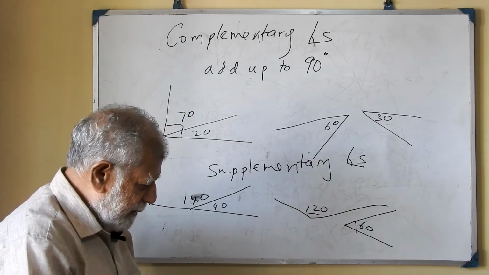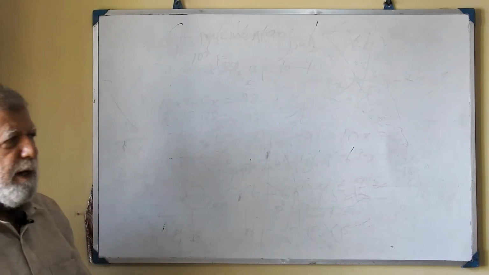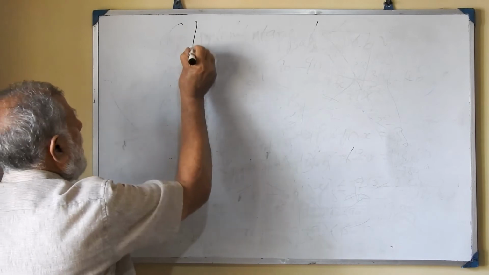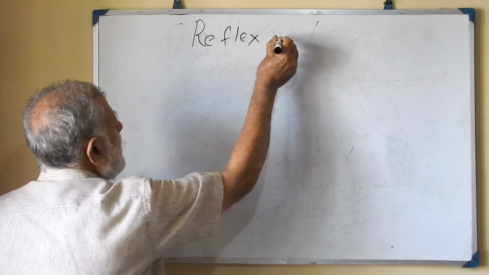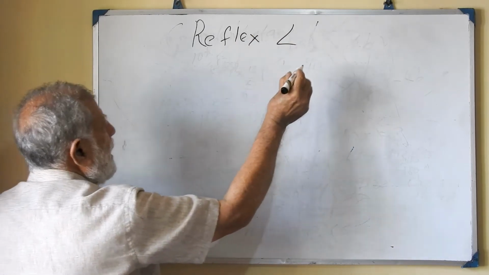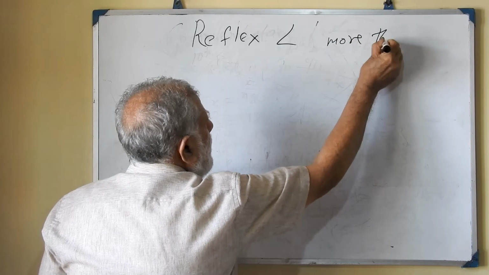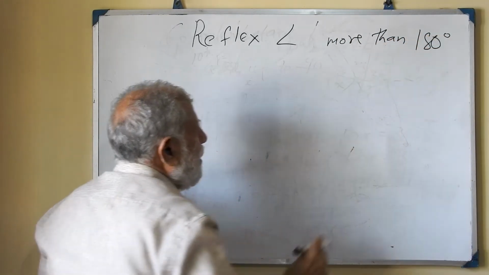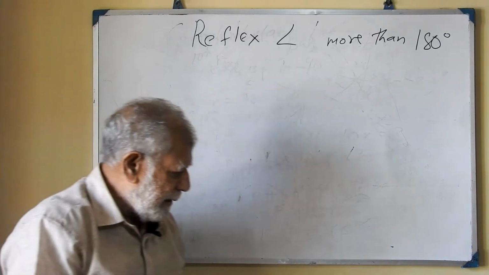We will take one more example. Now out of the 5 types of angles, we studied that there is one angle called reflex angle. What is the reflex angle? We know that a reflex angle is more than 180 degrees. So the problem that the children will have is how to draw an angle more than 180 degrees.